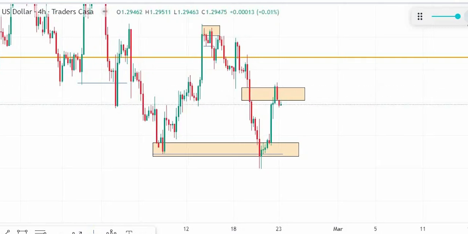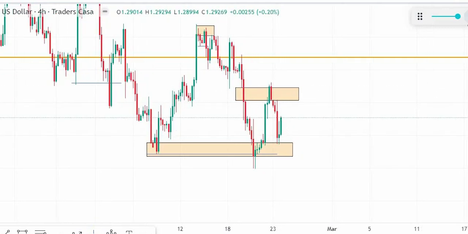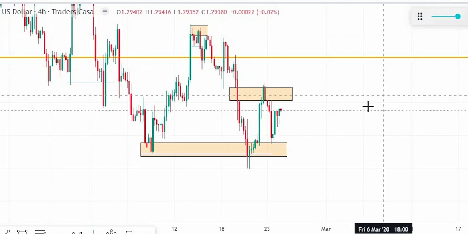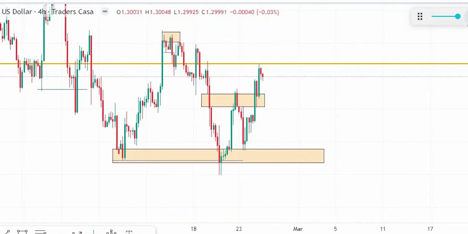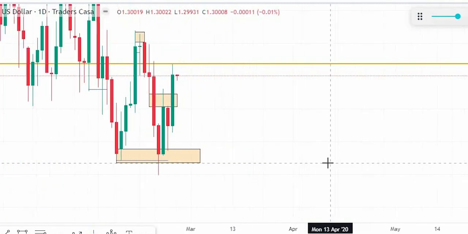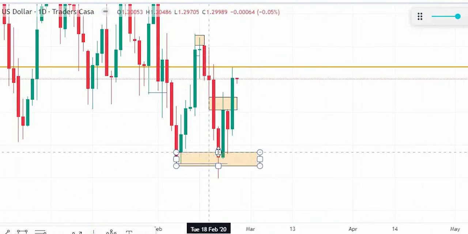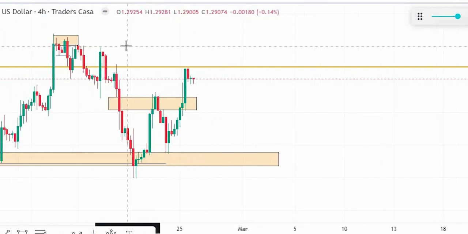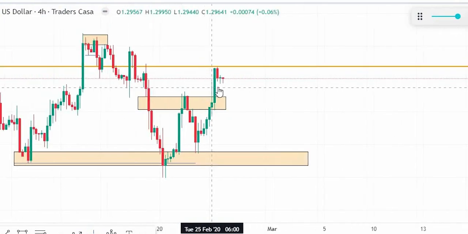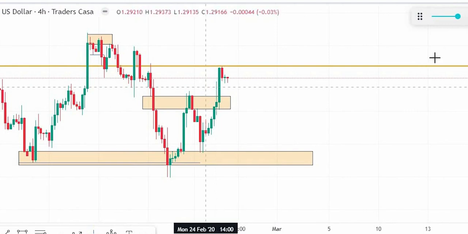So if we had entered, we would have been stopped out, because the daily was creating a double bottom, and it's going to be very, very strong. I guess we have to reach a certain point, then try to come back down.